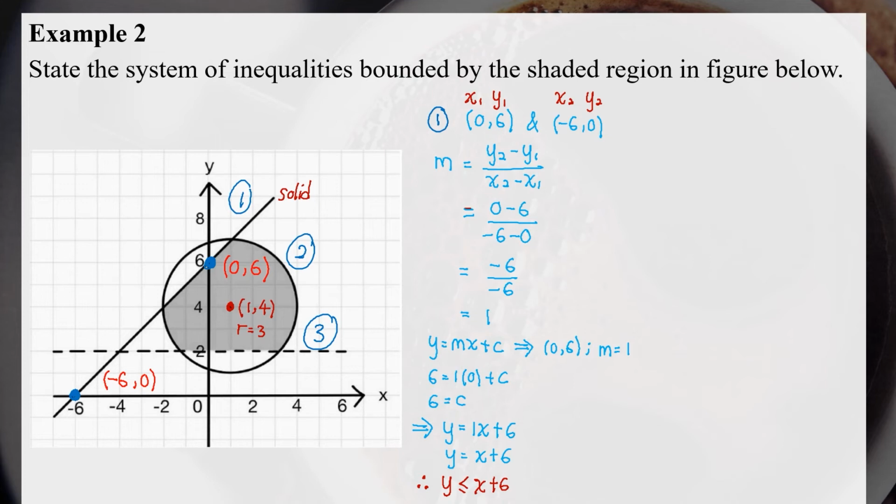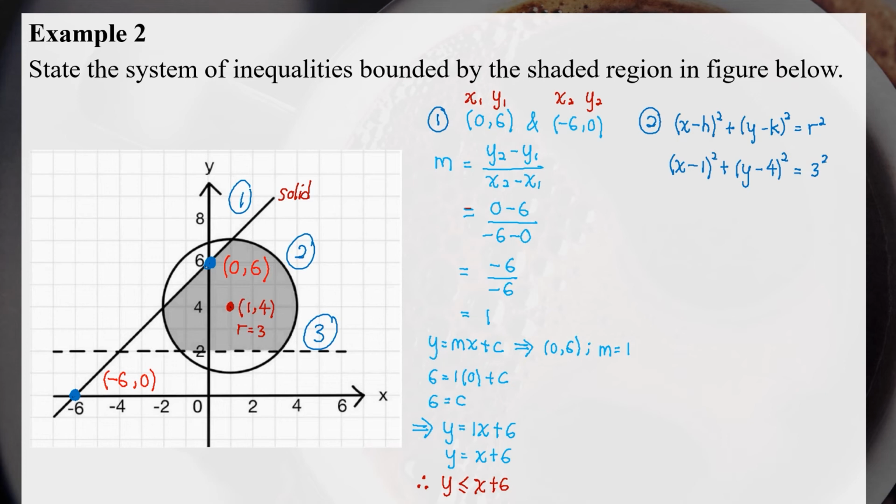Now let's look at the second equation, which is a circle. The standard form of a circle is x minus h squared plus y minus k squared equals r squared, where h and k is the center and r is the radius. Our h and k are 1 and 4, so x minus 1 squared plus y minus 4 squared equals r squared, and r is 3, so 3 squared.